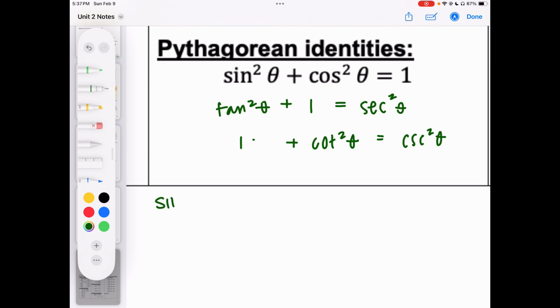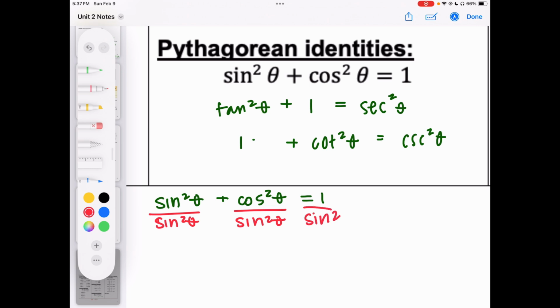If I start with sine squared theta plus cosine squared theta equals 1, and I decide I want to divide by sine squared theta everywhere, something's going to happen. Okay. This is going to turn into a 1. This can be simplified as cotangent squared theta, and this can be simplified and written as a reciprocal, cosecant squared theta. Okay.